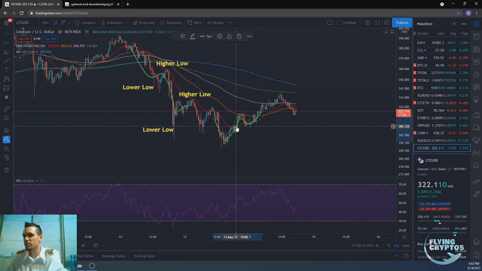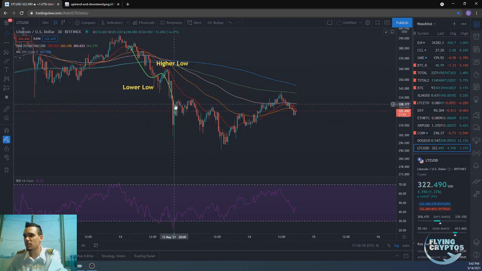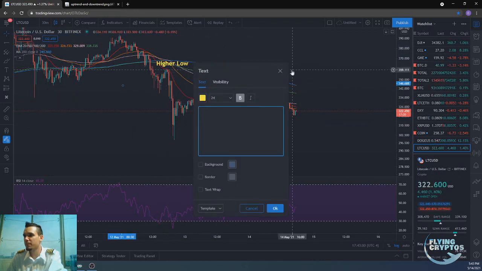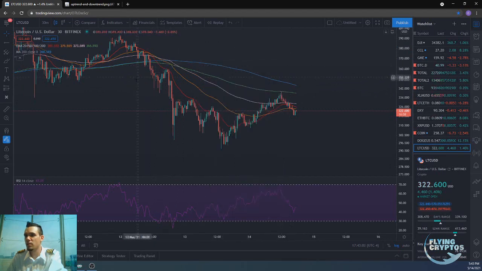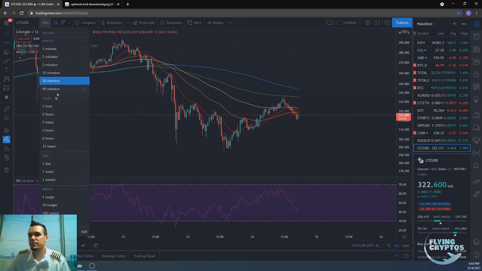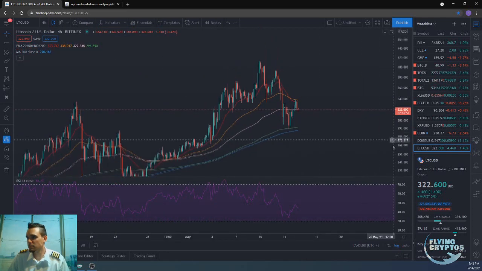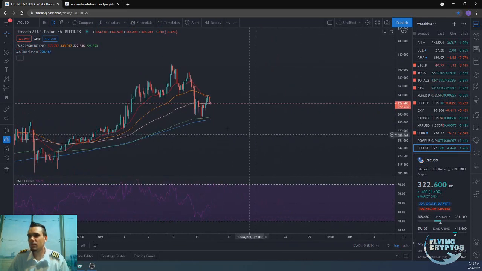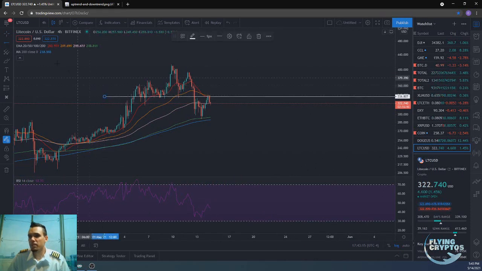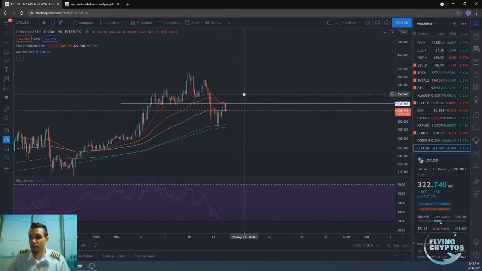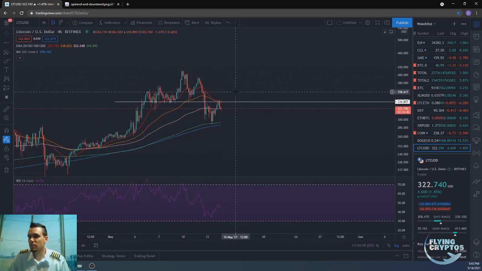Now, we can use this on short time frames or high time frames, as I said before. So let's go to a higher time frame. Let's go to the 4-hour. This could potentially be the start of a 4-hour downtrend. And I'll tell you why it could be. It hasn't confirmed that yet.